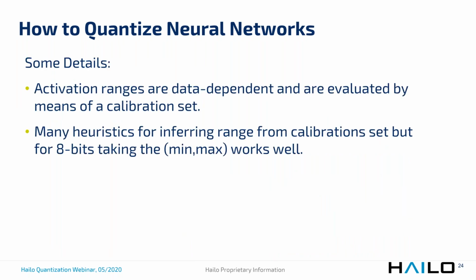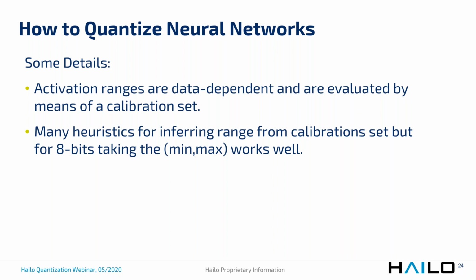Right, so that was basically neural network quantization. Once we did this conversion, all we have to do is take a neural network and run some sort of calibration set, which can be, I don't know, 60 images. Then we collect the statistics of activations to determine the ranges within each layer.